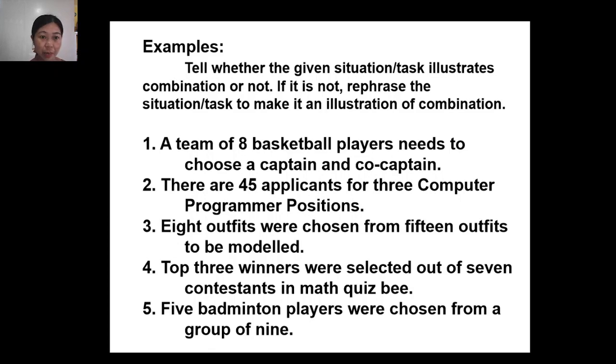To answer number 1, this situation is not combination. Again, situation number 1 is not combination. Why? It is because there is an order of arrangement since the position captain is different from the co-captain.